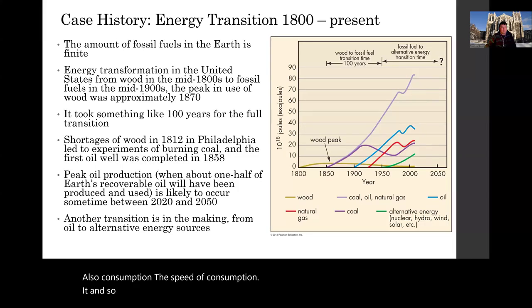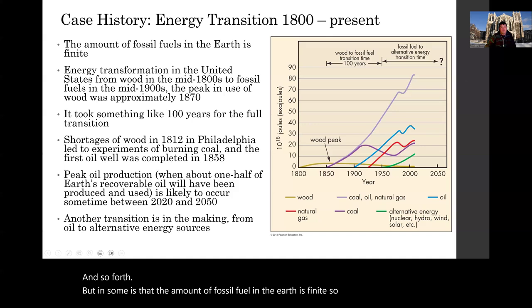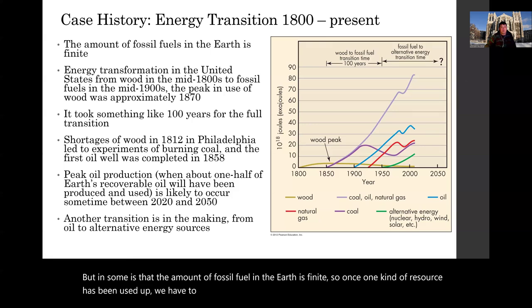But in sum, the amount of fossil fuel in the Earth is finite. So once one kind of resource is used up, we have to transition from one to the other.